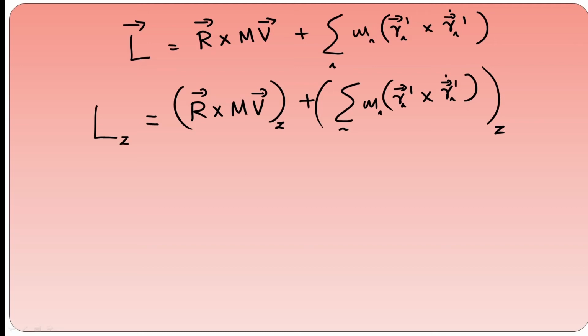Now we can evaluate the first term. We know that R cross MV is nothing but the angular momentum of the center of mass about the origin. The first term is the angular momentum of the center of mass about the origin, and let us evaluate the second term, summation over Mi Ri prime cross Ri prime dot.